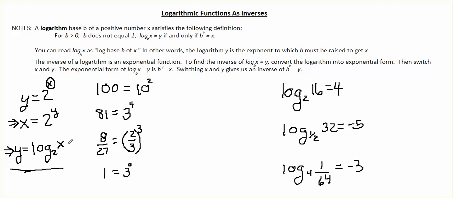Okay, so logarithms are inverses of exponential functions, and the answer to a logarithmic function is actually the exponent right here. So we can say, what exponent do we raise the number 2 to get x? Well, in this equation, you can see we're raising the number 2 to the y power to get x.